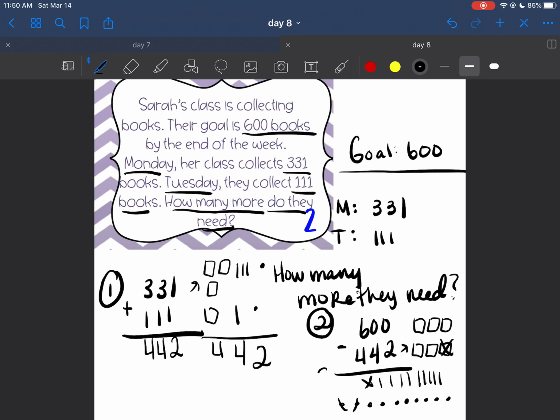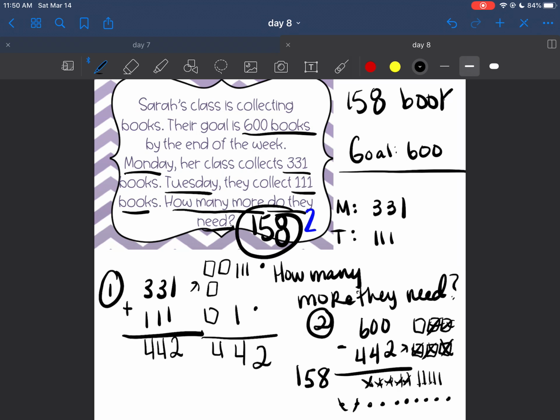And I'm left with 8. I can take away 4 tens. And I'm left with 5. I could take away 4 hundreds. And I'm left with 1. They need 158 more books. And I've always taught my class to write what we're talking about, and in this case, it's books.